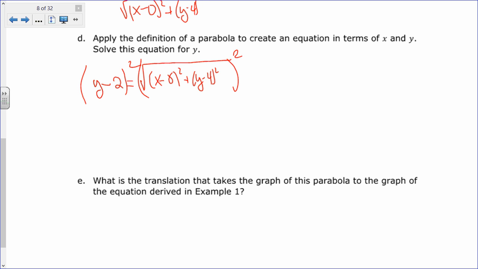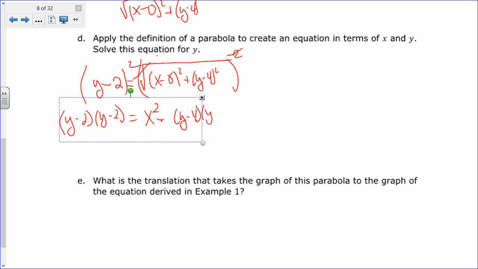Over here, I will write it twice. And here the square and square root cancel each other out, so I have x squared plus (y minus 4) the quantity squared, so I might as well just write it out now.